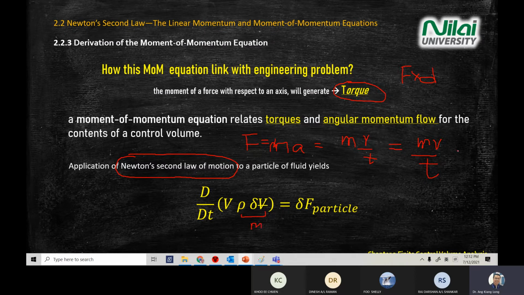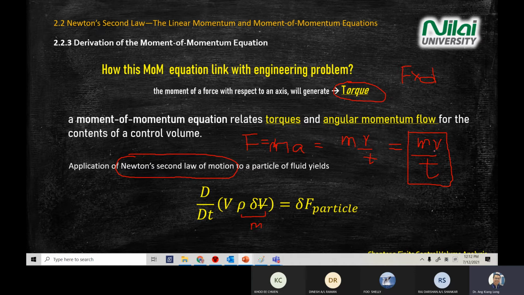Mass times V gives you mv, which is momentum. Momentum divided by time, the rate of change of momentum, equals force. So mv divided by t is a rate because you divide by t, and we call it the rate of change of your linear momentum.